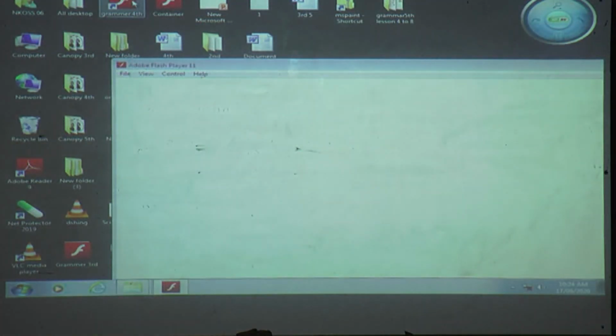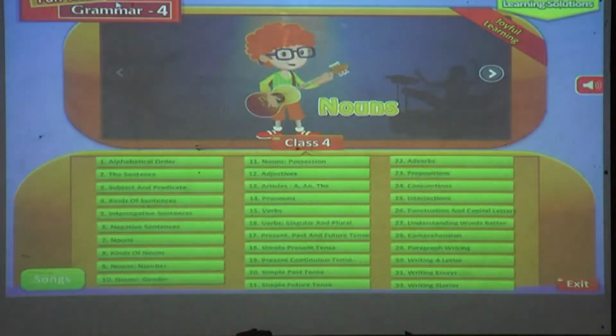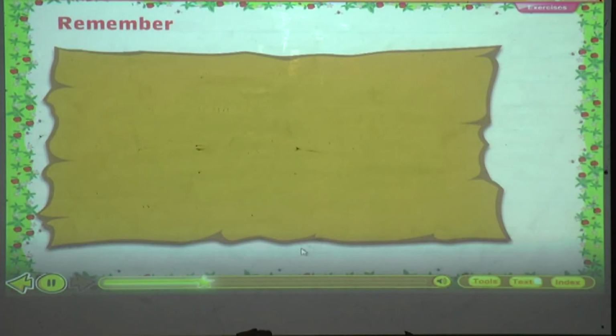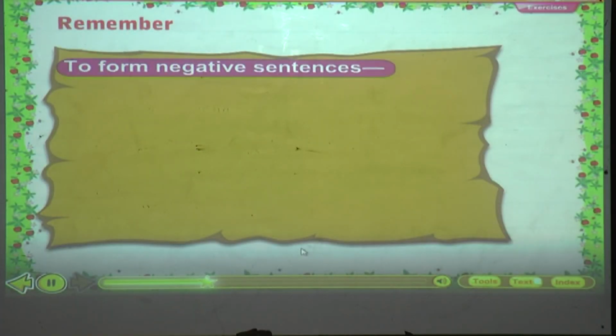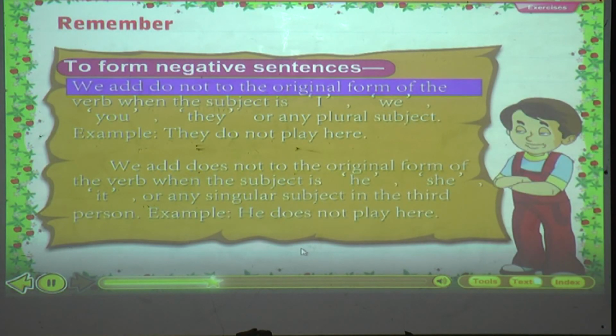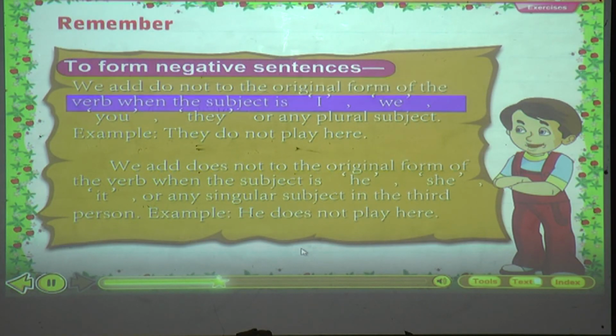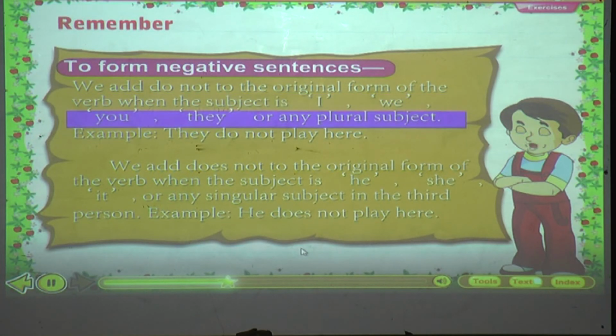We'll just see it in an animation part. Remember, to form negative sentences, we add do not to the original form of the verb when the subject is I, we, you, they, or any plural subject.